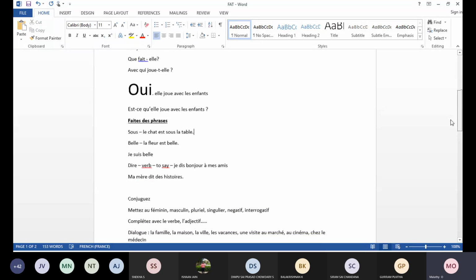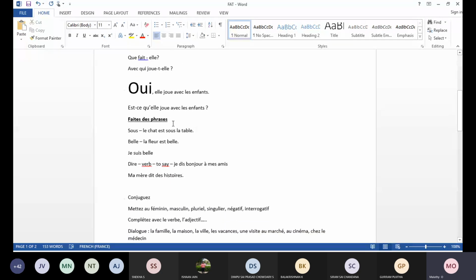And then comes faire des phrases, to make sentences with. So any word would be given. It can be a noun, an article, a preposition, an adjective. Yes, we have learned a lot of words in the language. Any word would be given. You've got to frame a meaningful, simple sentence on your own.